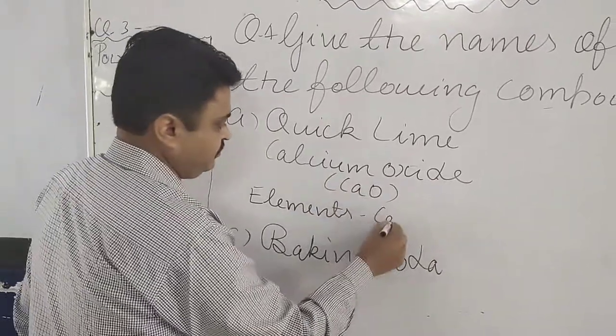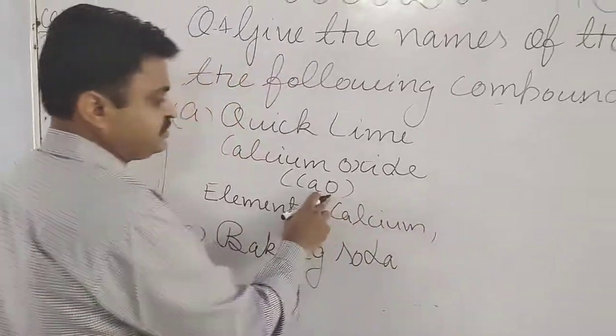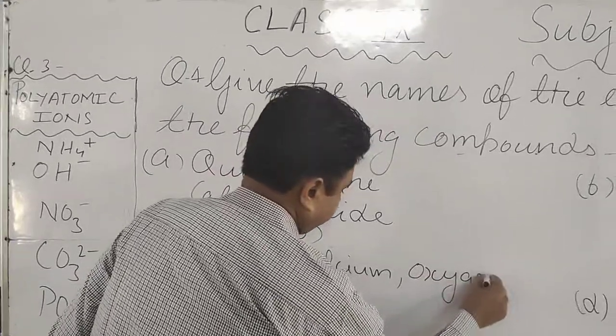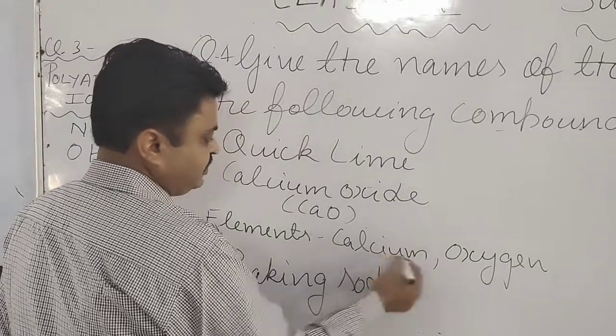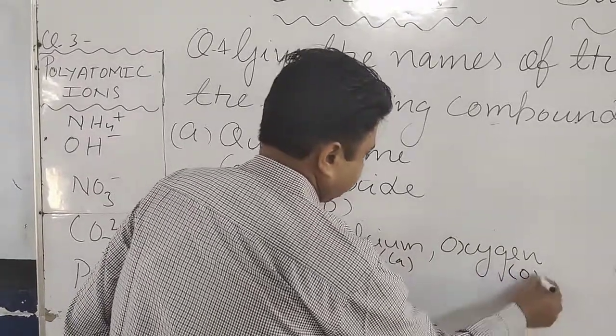Calcium is found. So you write here calcium. And another, oxygen, is found. So calcium and oxygen are found. So with this you can also write the symbol Ca and the oxygen symbol is O.